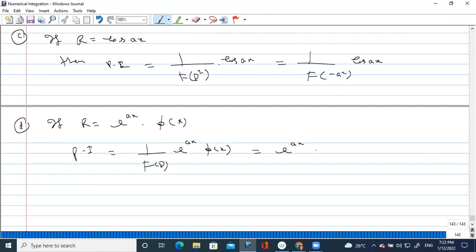The e to the power ax will be unchanged, but in place of D you have to write D plus a. If it is e to the power minus ax, then it will be D minus a. Now it will be applied only on the single function, whether it is cos x or sin x or x something, and you can apply the method accordingly.